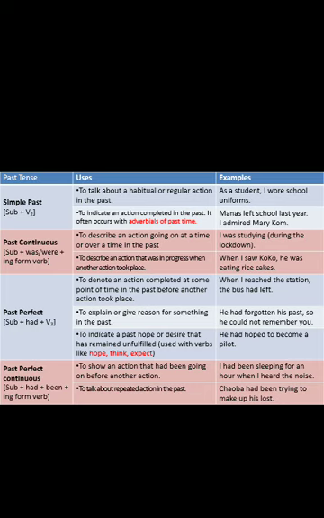So when should we write any action in such a form, subject plus V2? It is when we are going to talk about a habitual or regular action which was being done in the past.